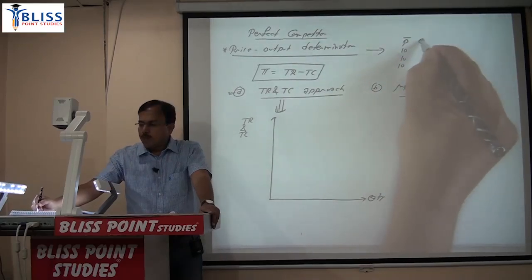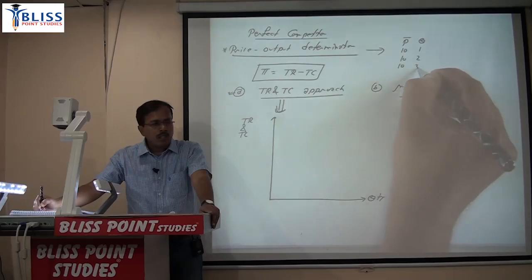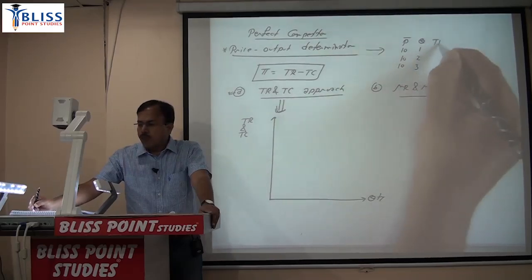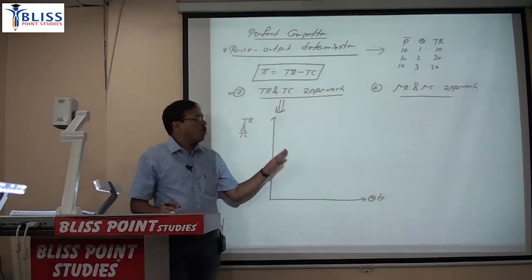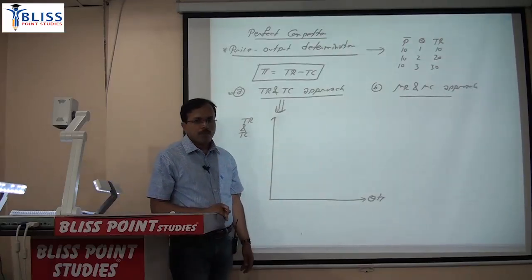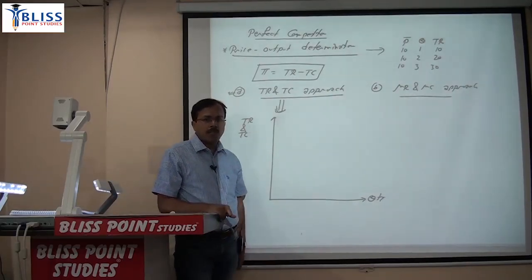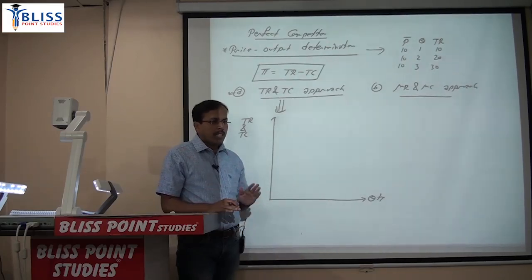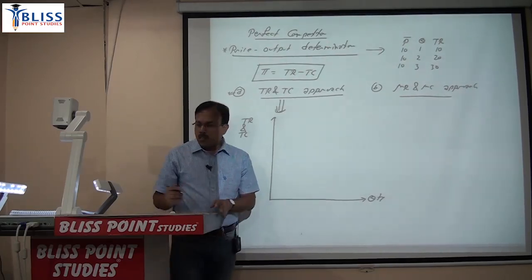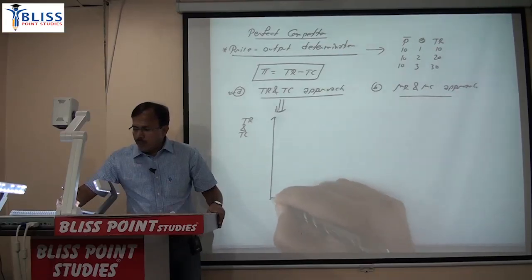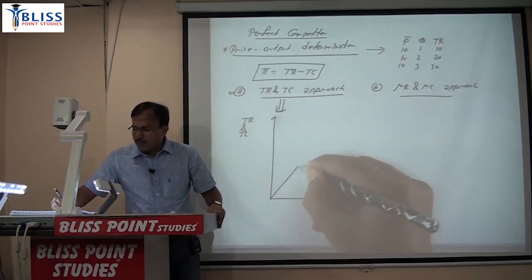At the same price, the firm can sell 1 unit, 2 units or 3 units. So what will be the total revenue then? 10, 20, 30. What will be the shape of the TR curve then? It will be a straight line, because price is constant. There will be a linear relationship. So this total revenue curve will be a straight line.